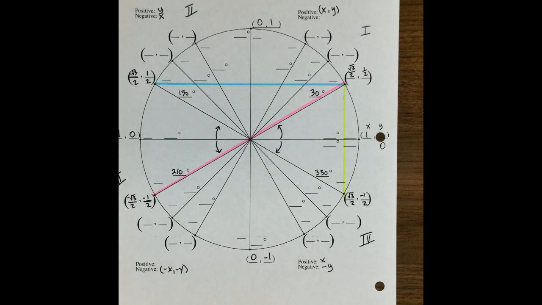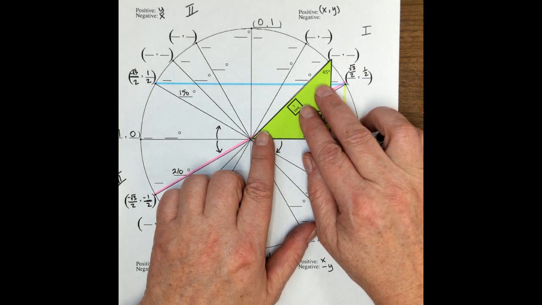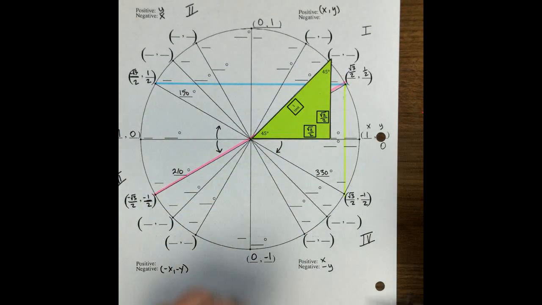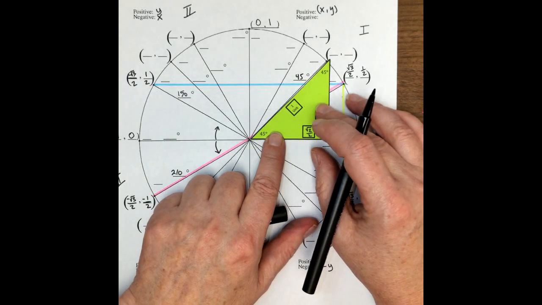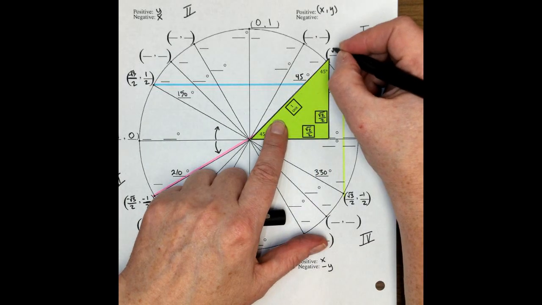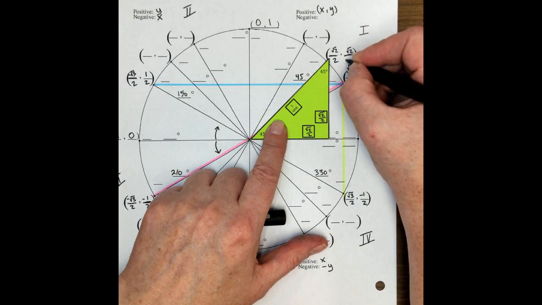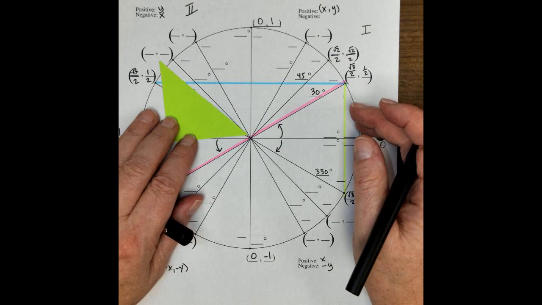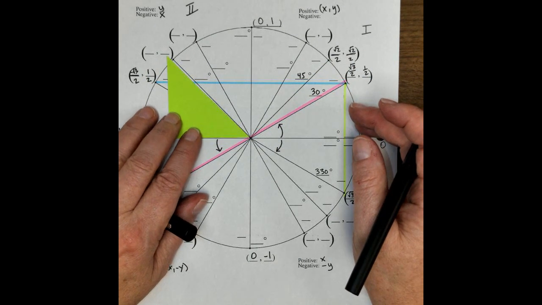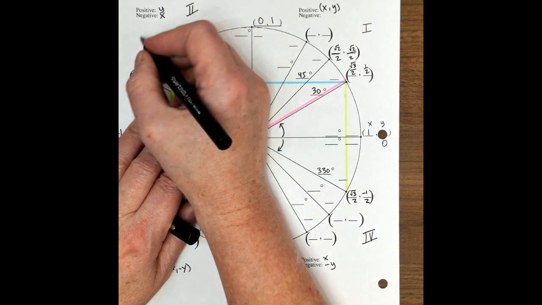So now if we do the same thing for 45 degrees here. So here I am at 45 degrees here. My coordinates now are square root of 2 over 2, square root of 2 over 2. If I go over here and I go from reference from the x-axis, my y is positive, my x is negative.